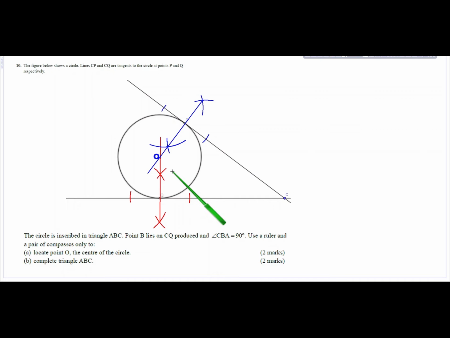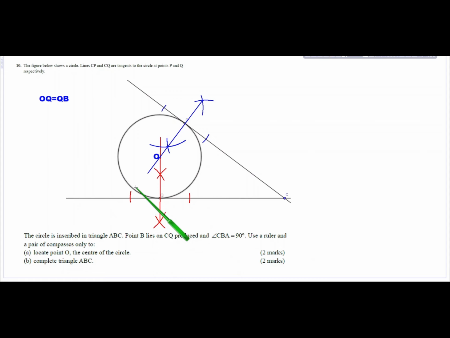Something else that we need to note is that from this point here, OQ will be equal to QB, because we have been told that B lies on CQ produced.